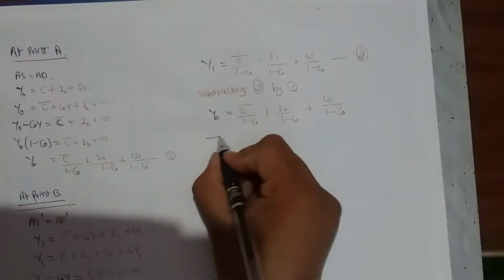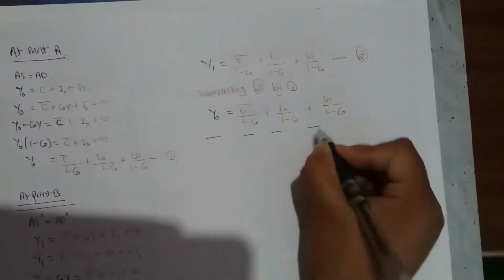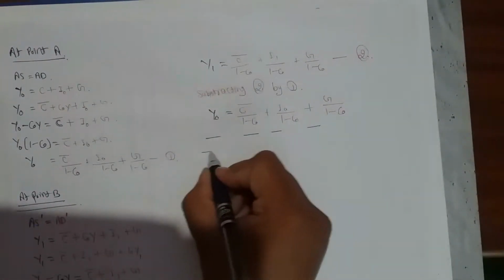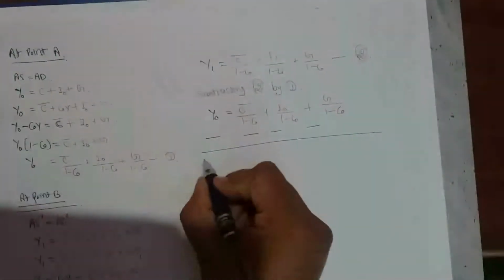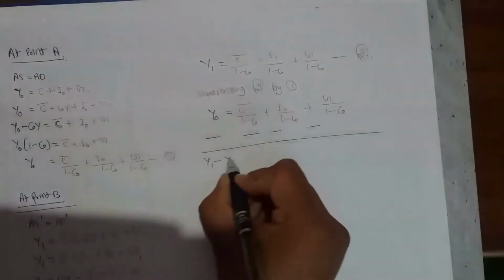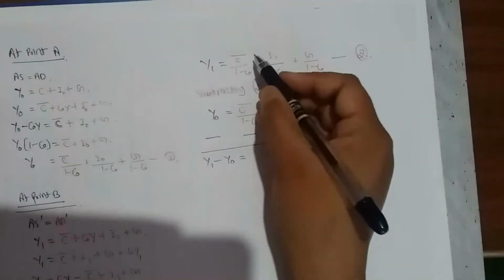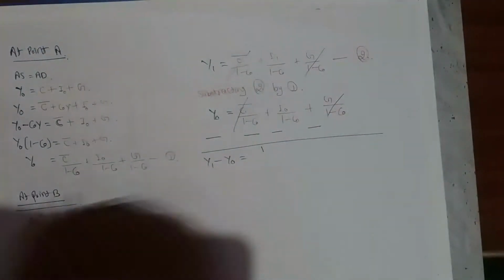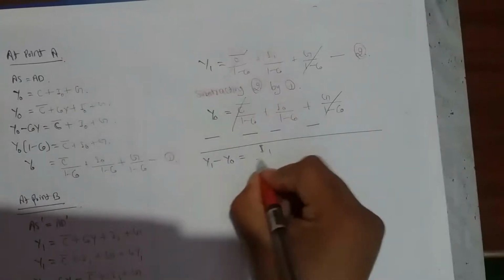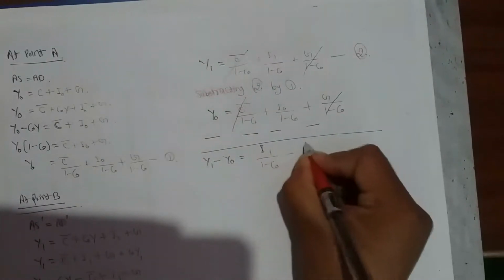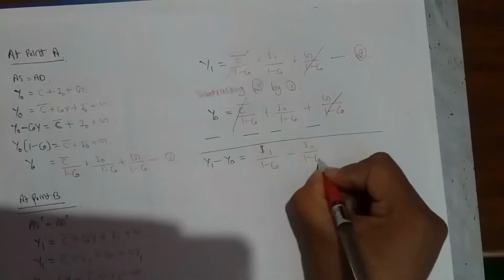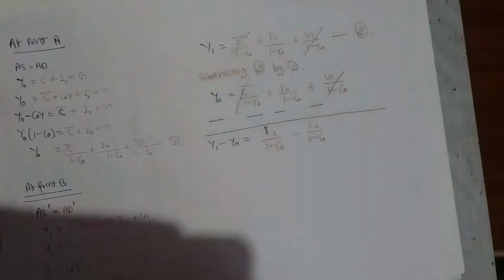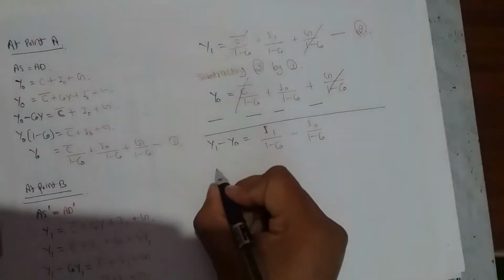Y1 minus y naught, the other terms cancel out, and this will be I1 over 1 minus c naught minus I naught over 1 minus c naught, right?